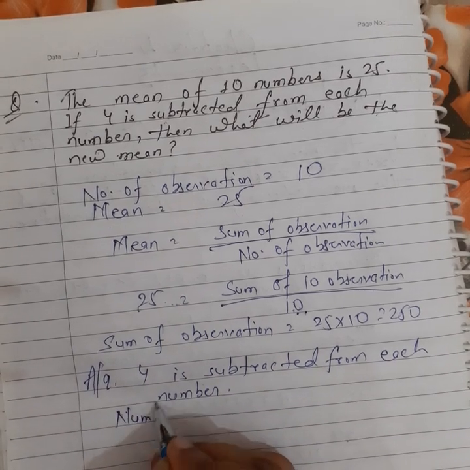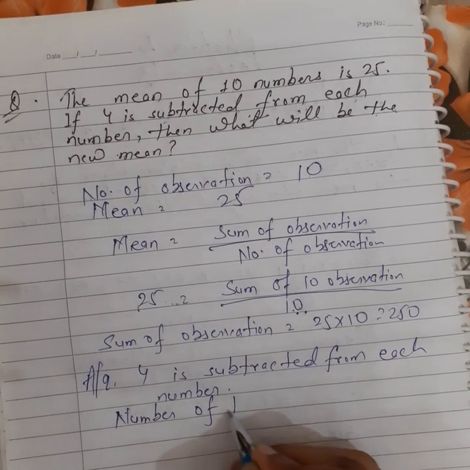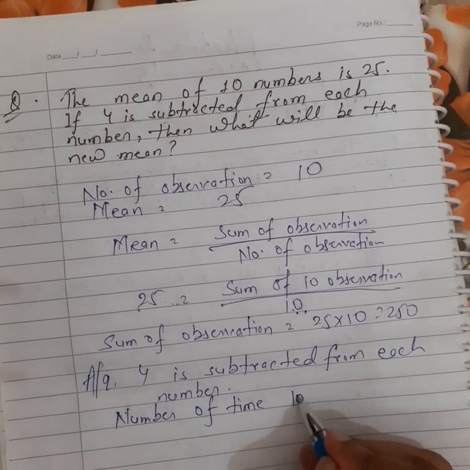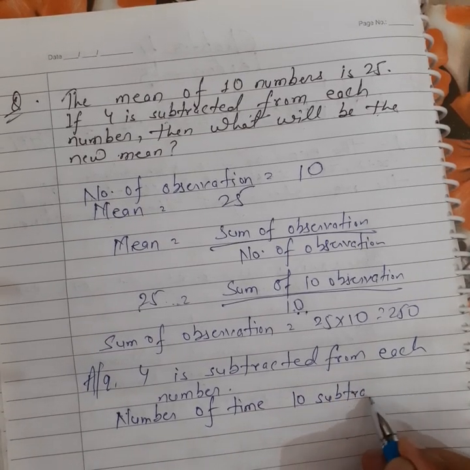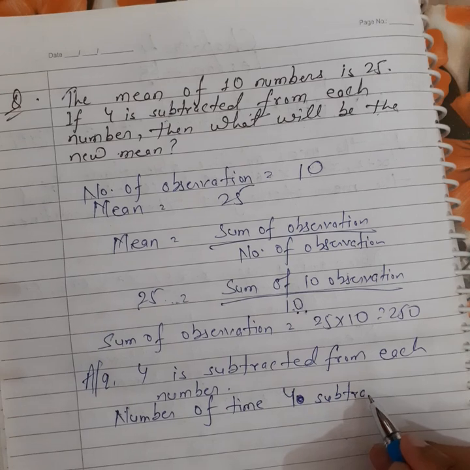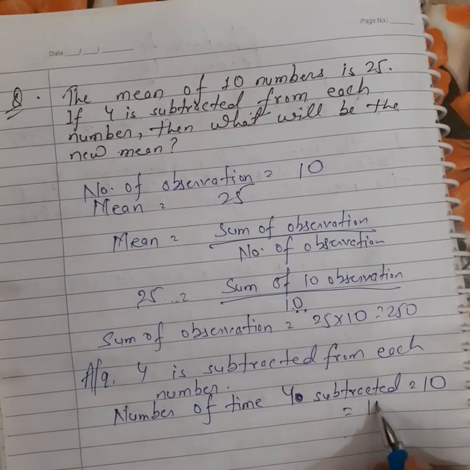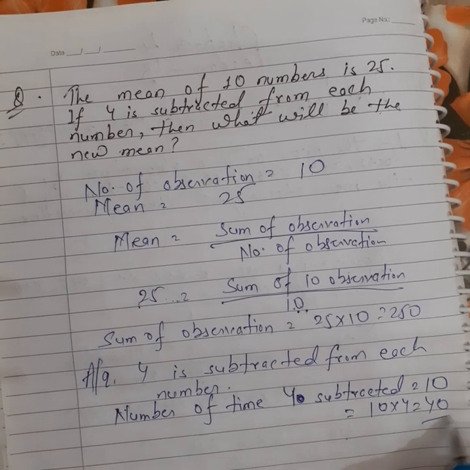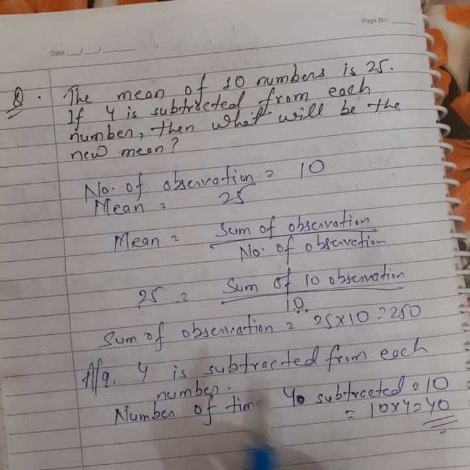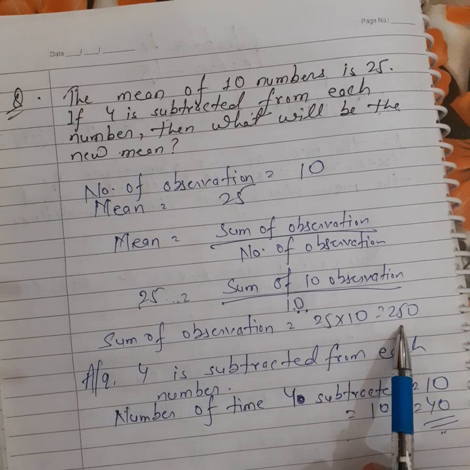So the number of times 4 is subtracted is equal to 10. We get 10 into 4, that is 40, subtracted from the sum of the observations.